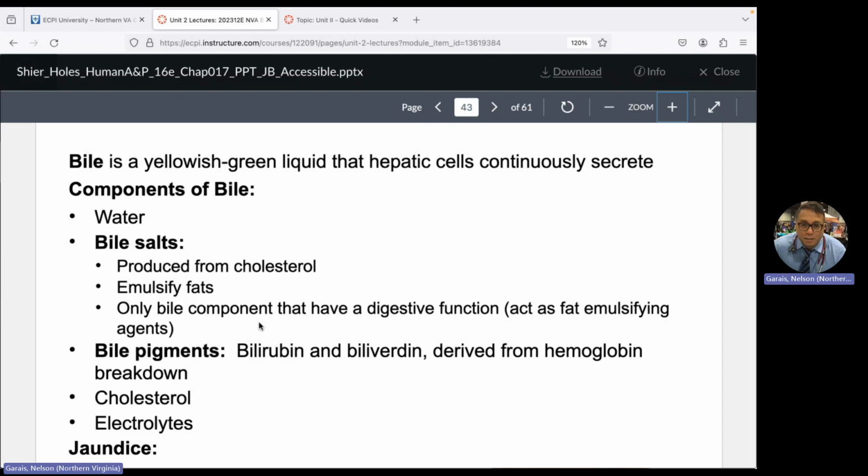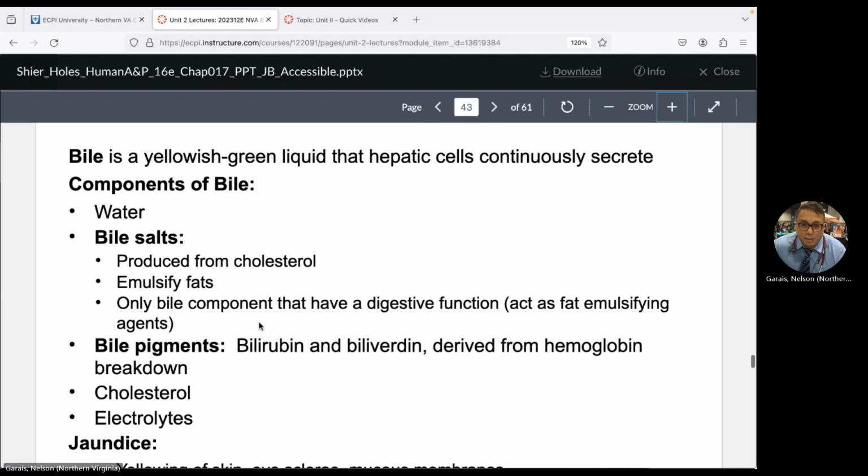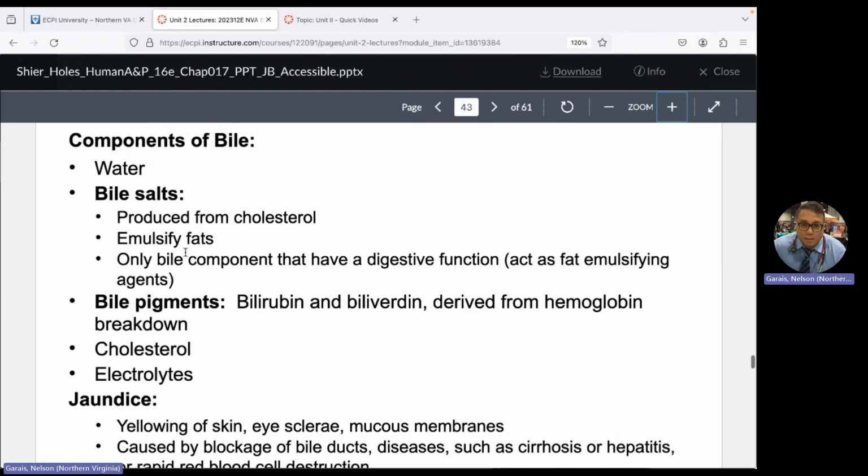Like instead of having a beach ball sized thing you want to break down, you have something the size of a golf ball, right?